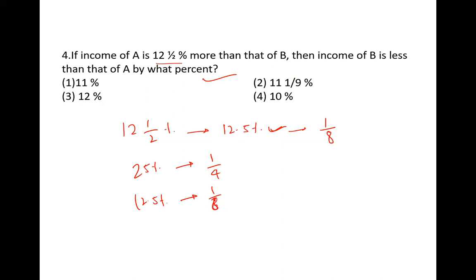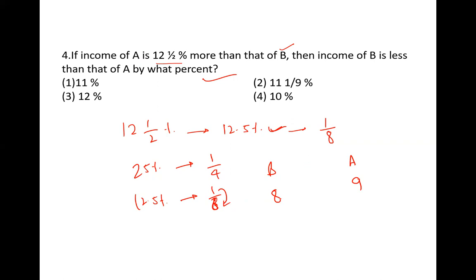Right? See students, 1/8 means what? 1 out of 8. So the question is saying that income of A is more than that of B. It means if income of B is 8, then income of A is 9. 1 out of 8 is the 12.5%.